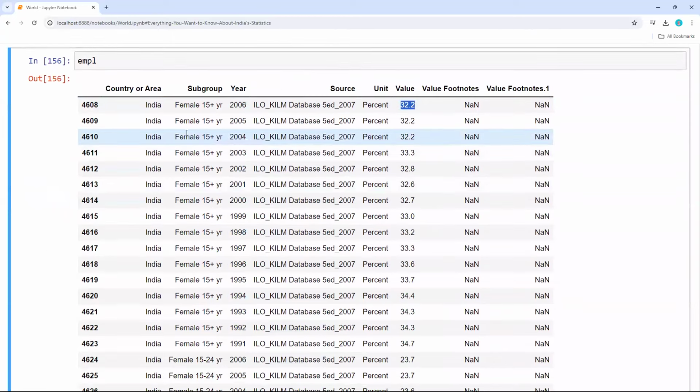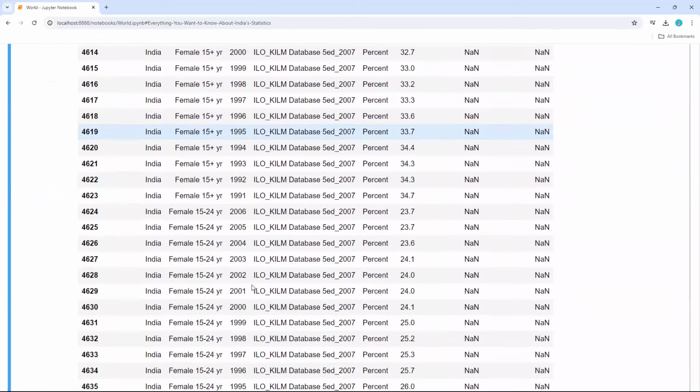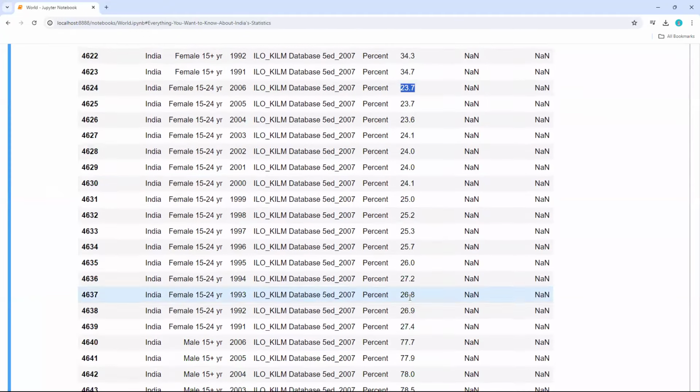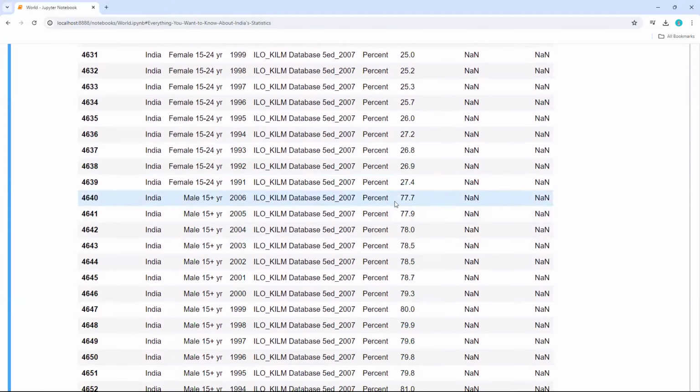Similarly for different years, and this is for 15 to 24. In 2006, for females in the age bucket of 15 to 24 years, the unemployment rate is 23.7%. If I look at the male, it is very high, again 77.7% in 2006, which is for 15 plus years only.